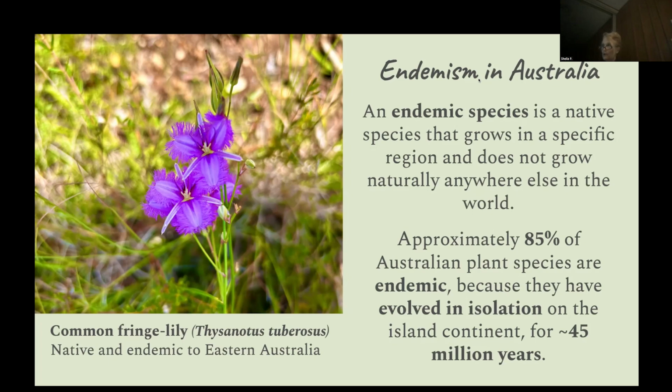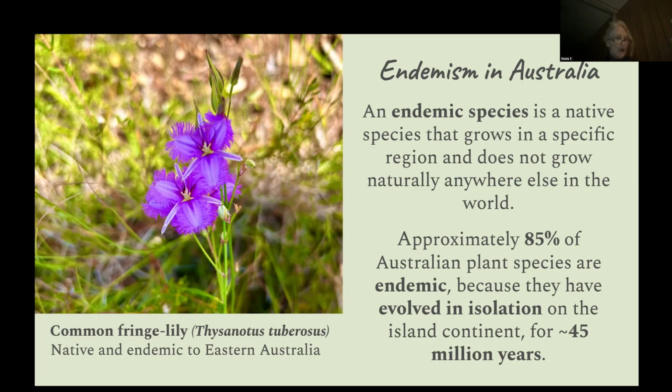So both the flora and the fauna of Australia have been able to evolve independently of any other influences, any interference, any competition from other species elsewhere in the world. And as a result, they have evolved into some very unique shapes, forms, and have very unique adaptations to their environment. So we're going to talk about that.